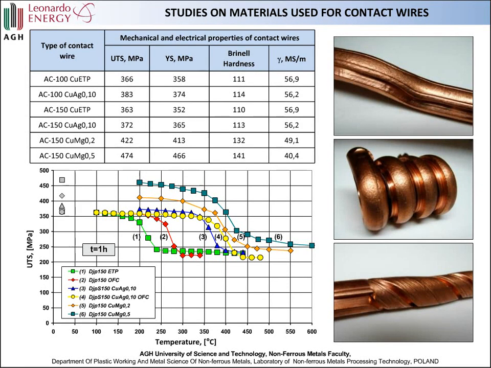And also the copper with the addition of silver has a higher resistance to thermal effect on this wire. So we need to have a higher temperature that causes the decrease of mechanical properties of the material, which is shown on the characteristic below the screen.